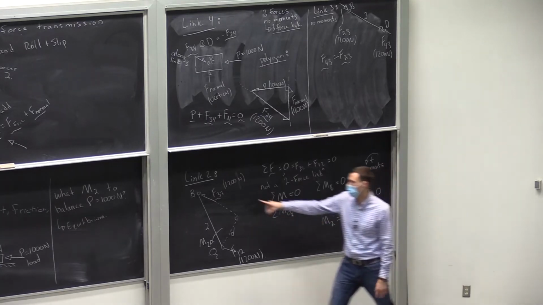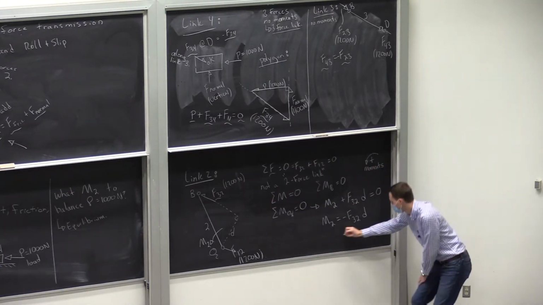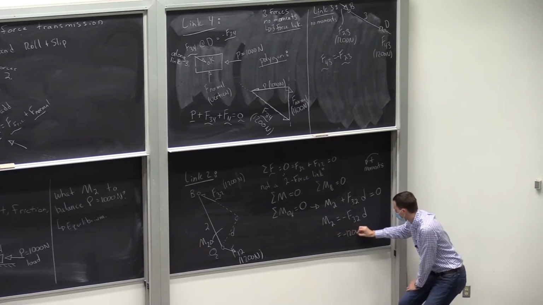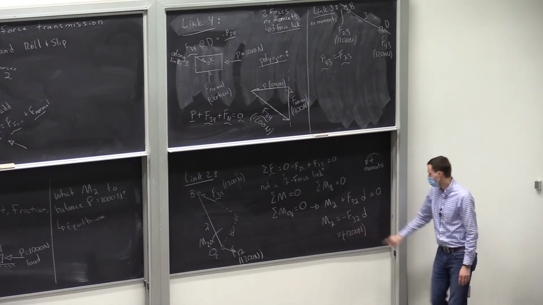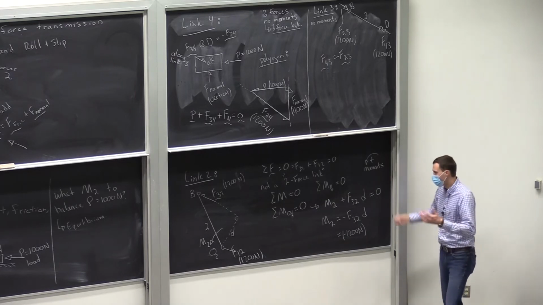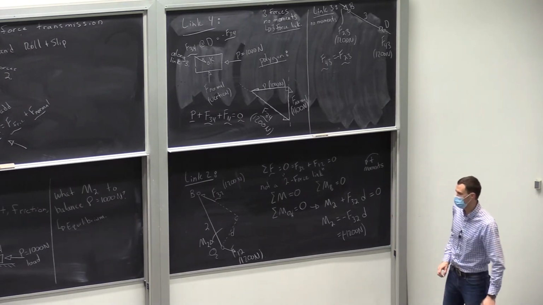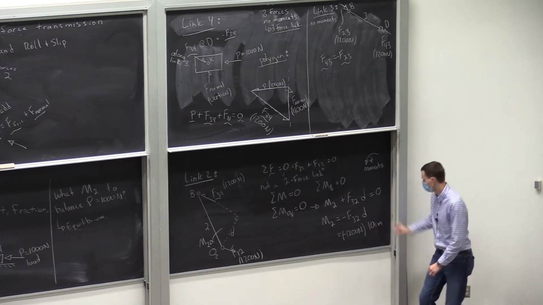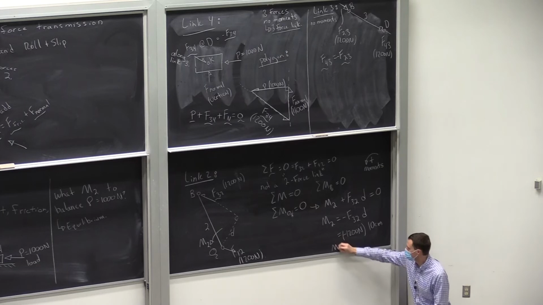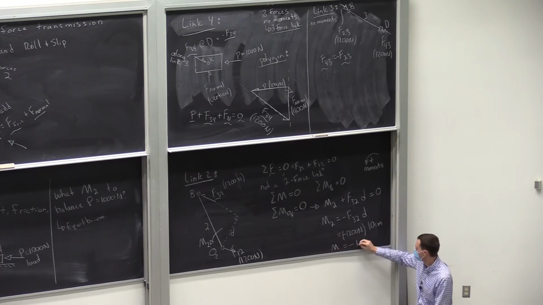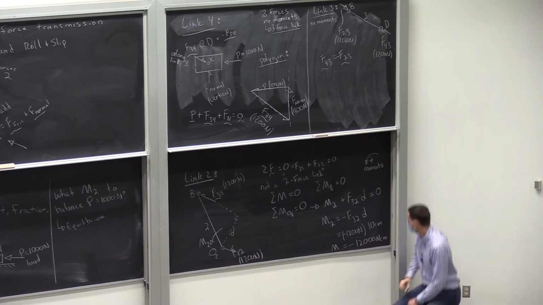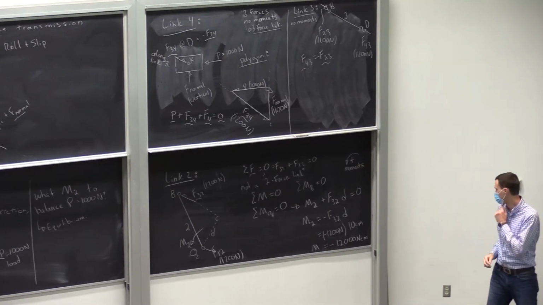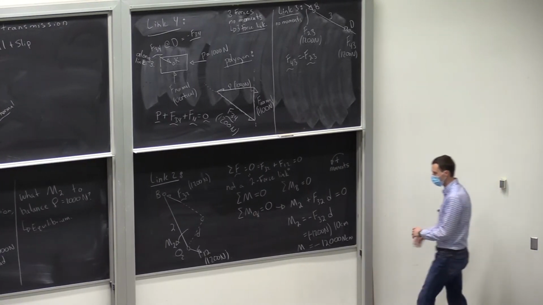F32 we propagated from the other links, 1200 newtons. And D, we'd measure. I didn't give any lengths here, so let me just use an easy one, 10 centimeters. So our moment, we'd calculate negative 12,000 Newton centimeters. You can convert that to Newton meters, that'd be 120 Newton meters.